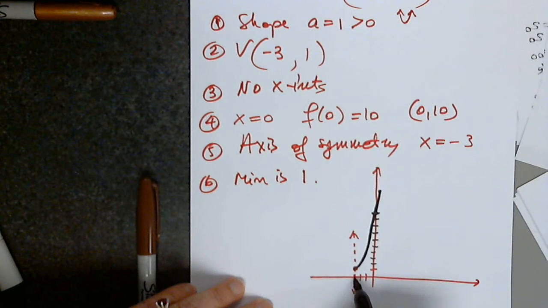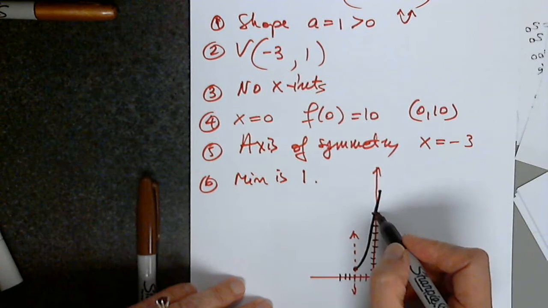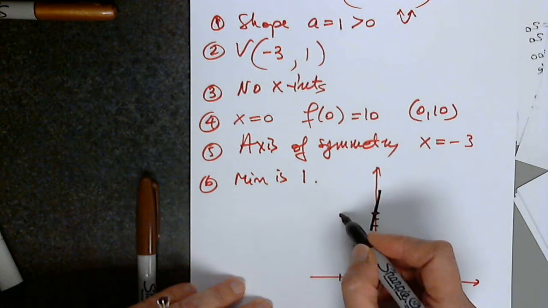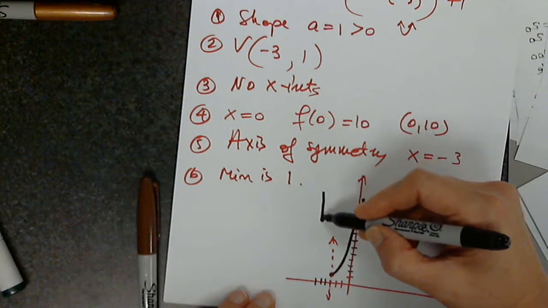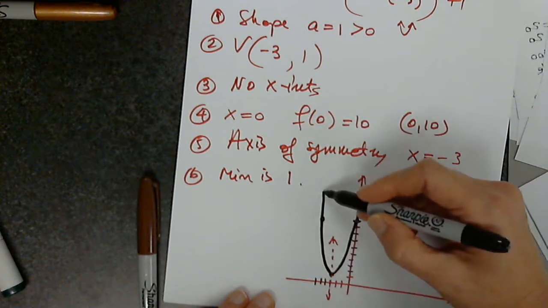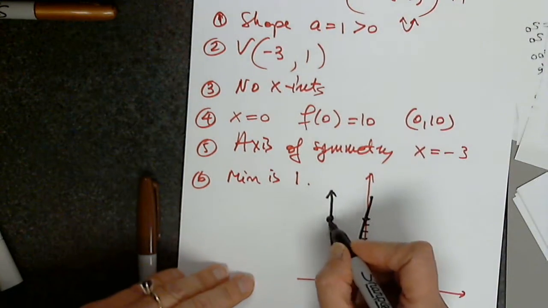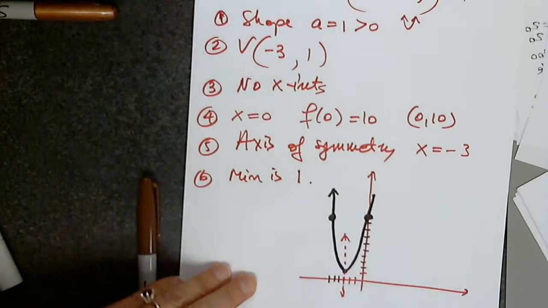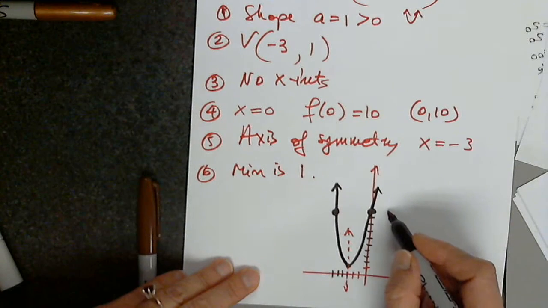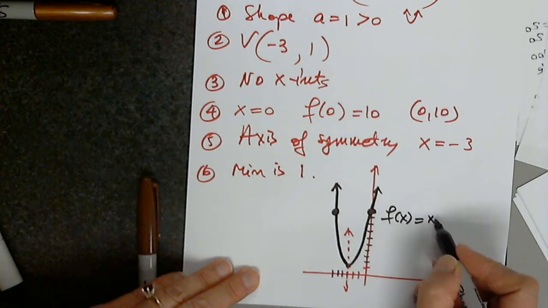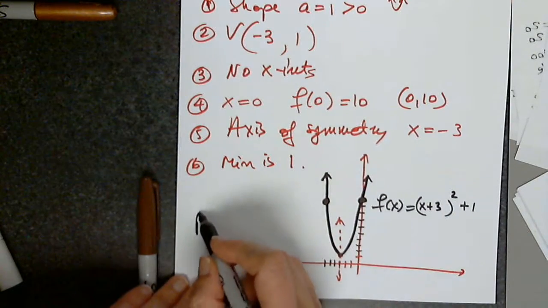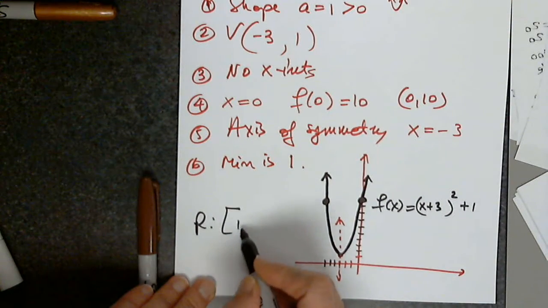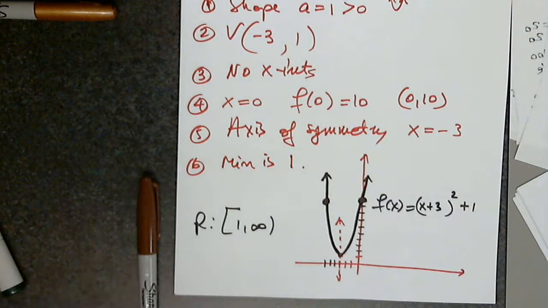I have here 3 units to the right. I'll go 3 units to the left and make a mirror image of that point. So I made a mirror image of the y-intercept. So I got that f of x equals (x plus 3) squared plus 1. And yes, as you said, the range is indeed 1 to infinity.